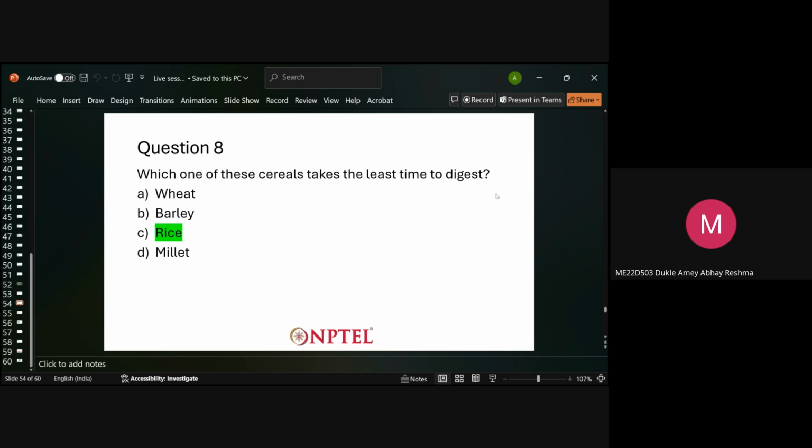and they would work in the field till the evening without feeling hungry. Because the millets take a long time to digest, it would keep the person's stomach filled over a long period of time. Millet, barley or wheat would do that, whereas rice would get digested very easily, and then the person would feel hungry again.